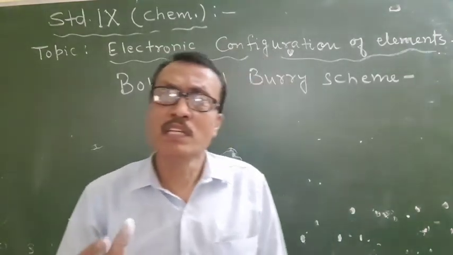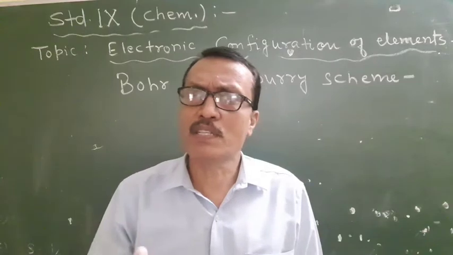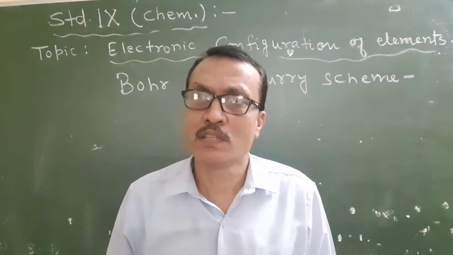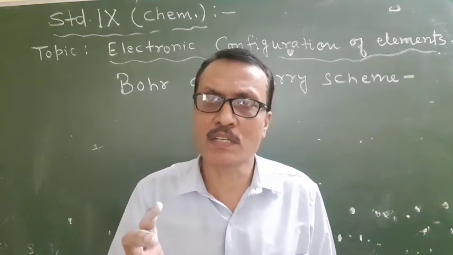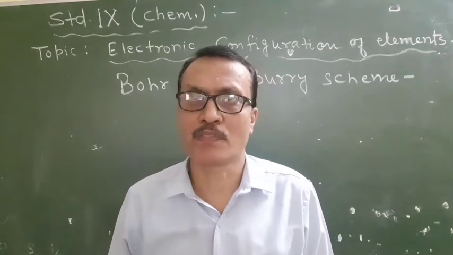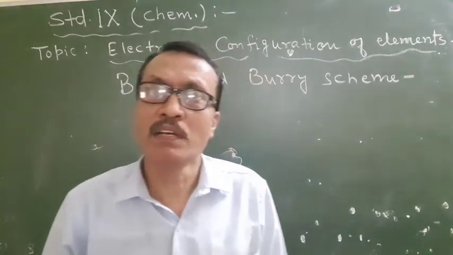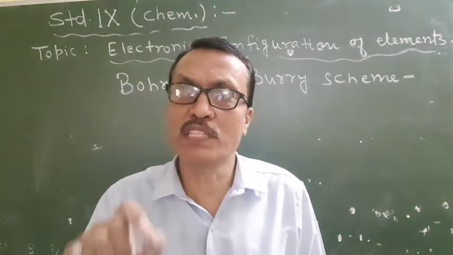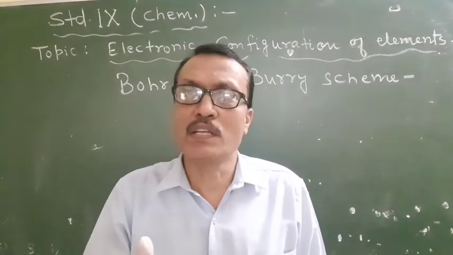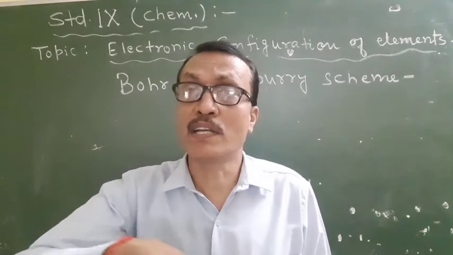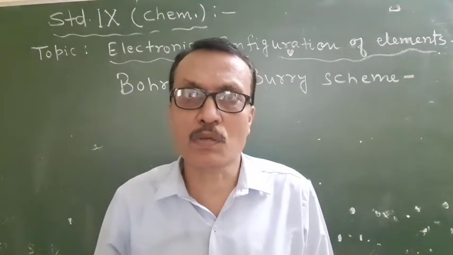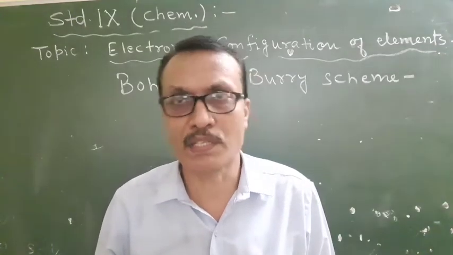Students, actually you have studied that elements are made of only one kind of particle, and that particle is known as an atom. The atom is supposed to be spherical in shape, and at the center of the atom there is a heavy positively charged nucleus, and outside the nucleus there are different orbits or shells on which electrons revolve with high speed.